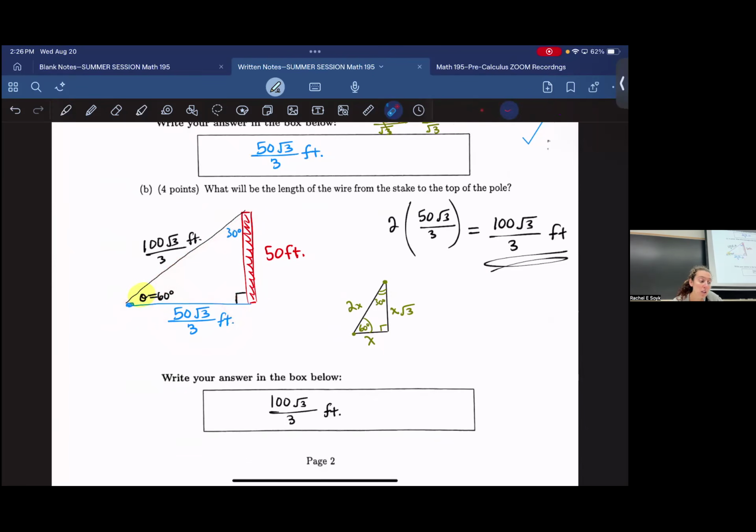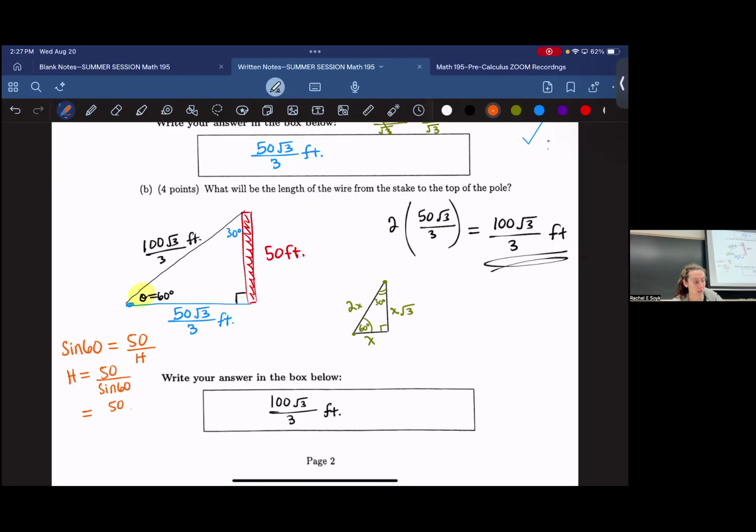You could also, if you wanted to, just do what we did in part A again, our SOHCAHTOA, and you just want to find the hypotenuse. So, for example, sine of 60 is your opposite over your hypotenuse, and then you just solve for your hypotenuse h, which is 50 divided by sine 60, and sine 60 is square root of 3 over 2.